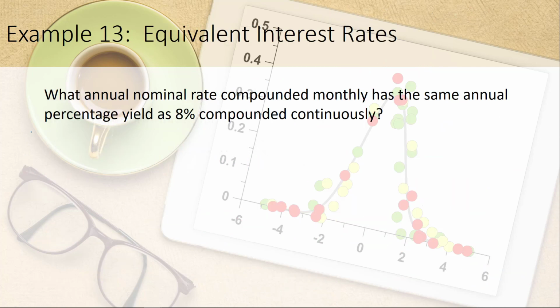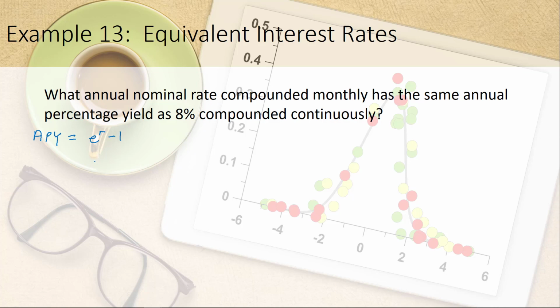Okay, for this problem, we are being asked what annual nominal rate, compounded monthly, has the same annual percentage yield as 8% compounded continuously. Okay, well, remember for continuous compounding, the annual percentage yield is equal to e to the r minus 1.